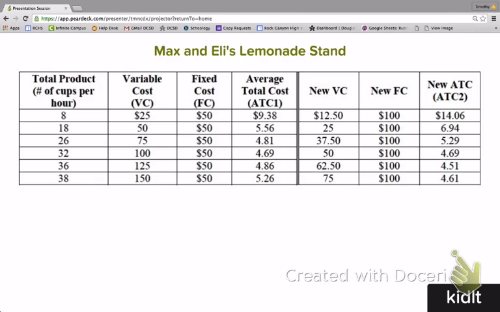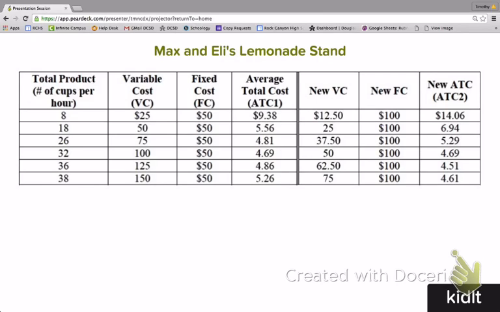We can see in this table that at low levels of output, the average total cost curve number 2 is greater than the average total cost curve for the first short-run curve. This is because the more fixed cost spending on expensive equipment and expansion is outweighing the savings in variable cost.